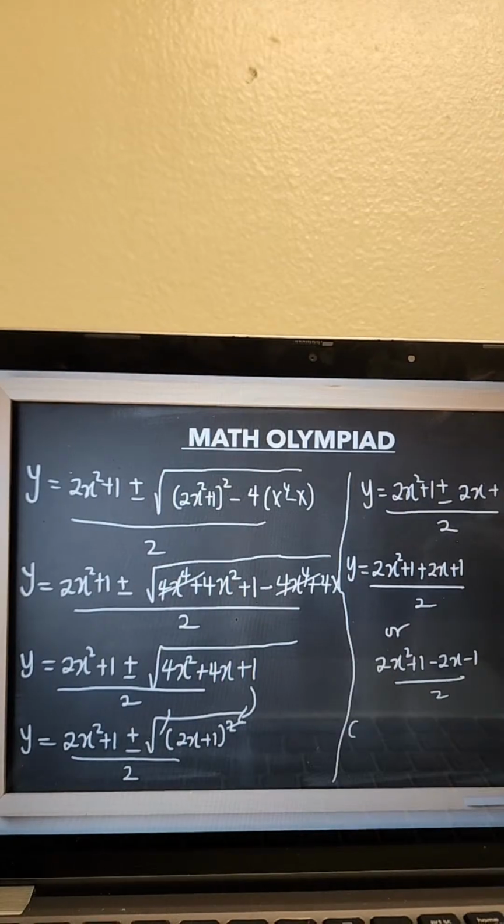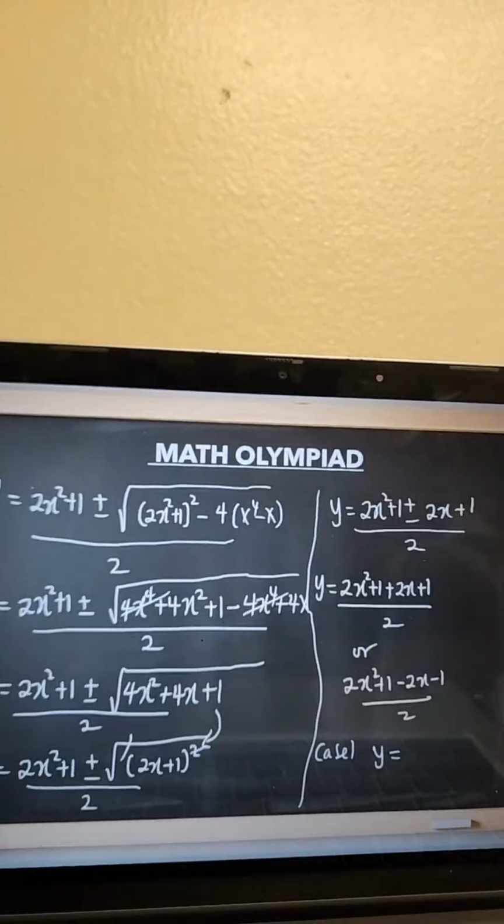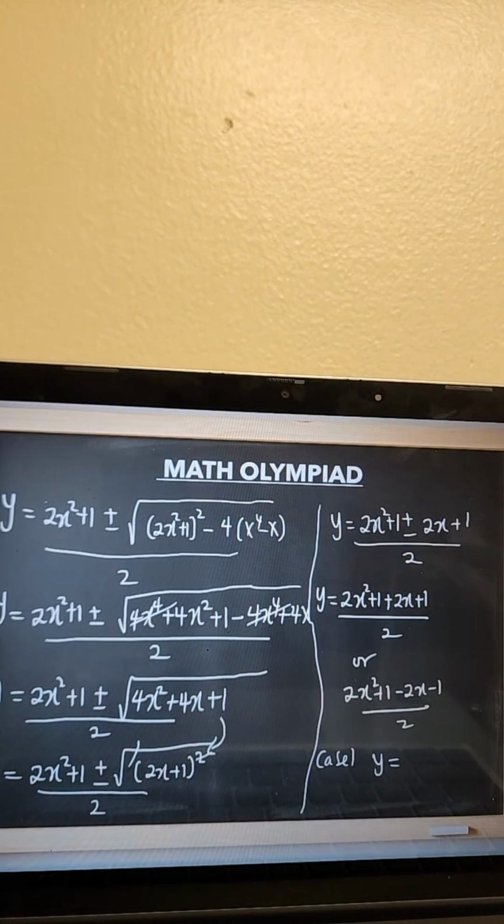For case 1, so I'm going to have y equals, here, I have 2x squared plus 2x plus 2. This is case 1, divided by 2. You can see y is going to be, 2 can cancel out all the coefficients of 2, which is going to be x squared plus x plus 1. This is case 1. What about case 2?